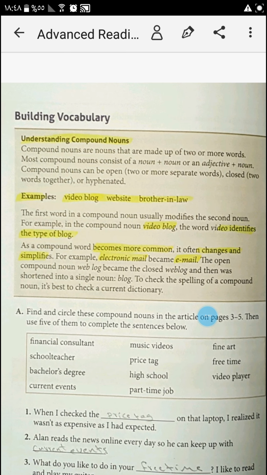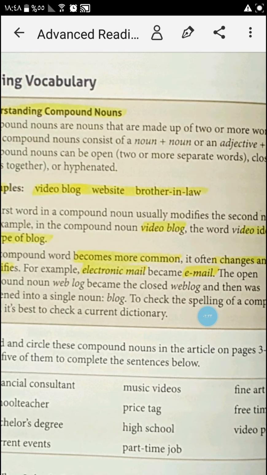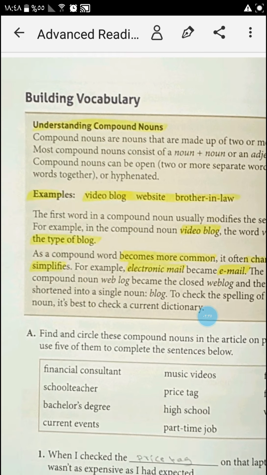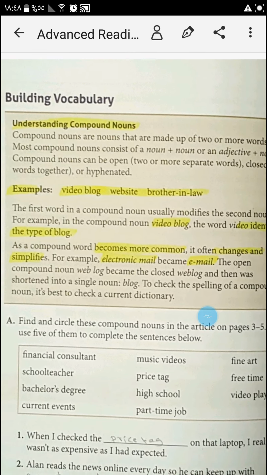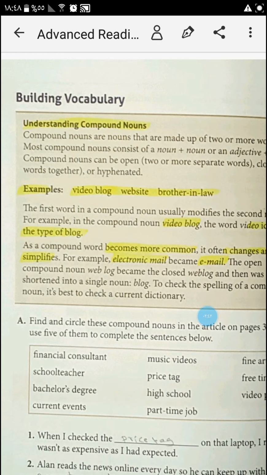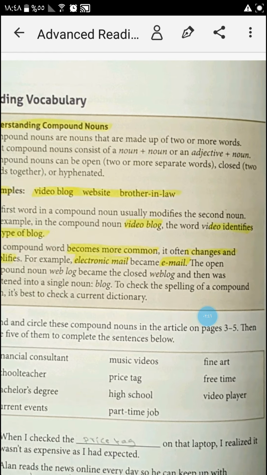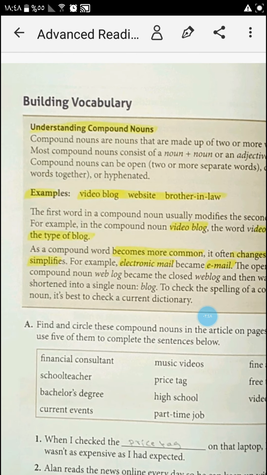Building vocabulary: understanding compound nouns. Compound nouns are nouns that are made up of 2 or more words. Most compound nouns consist of a noun plus a noun, or an adjective plus a noun.